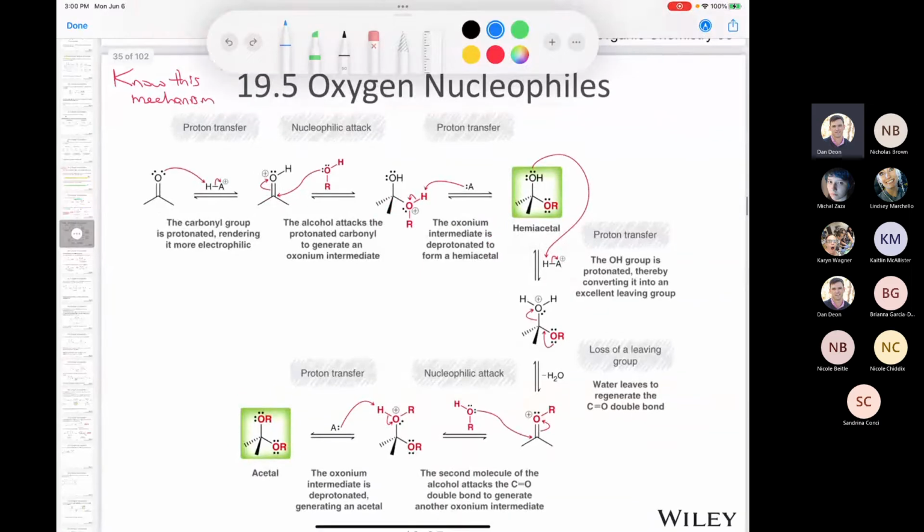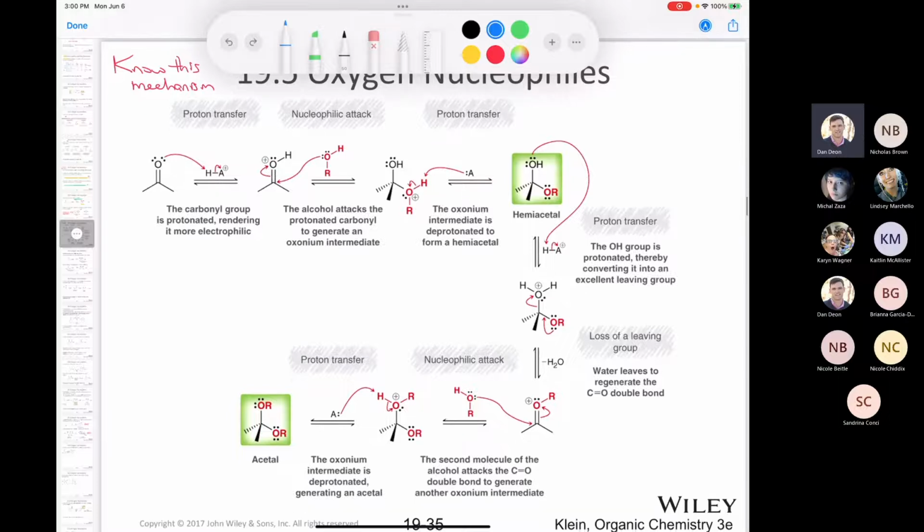And then the second thing is you've got to make an acetal, and along the way, you've got to lose water. Those, again, are kind of the things that my students I found have had the most success in remembering. So first, you want to start with the starting materials. You want to make a hemiacetal. Then you want to make the acetal, and in the process, you want to lose water, okay?